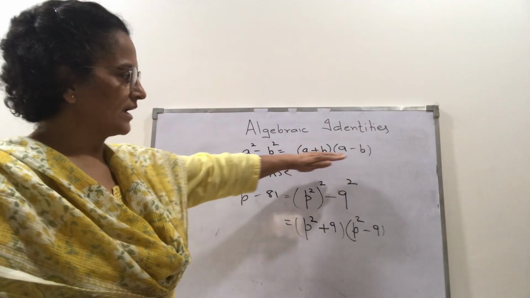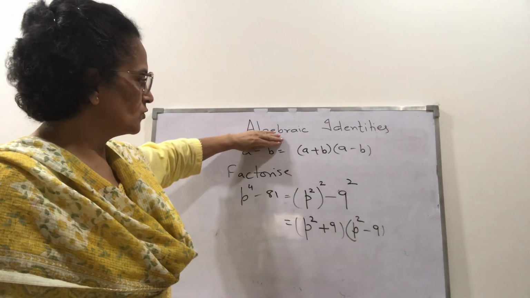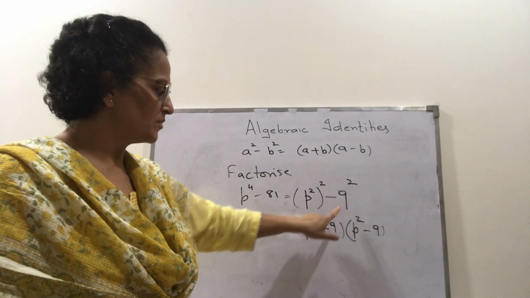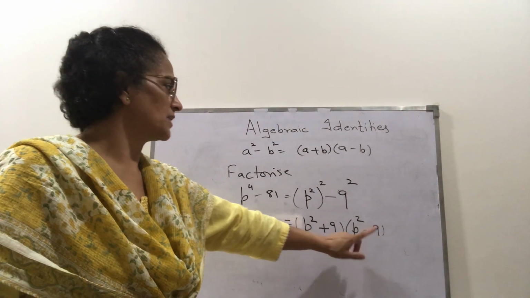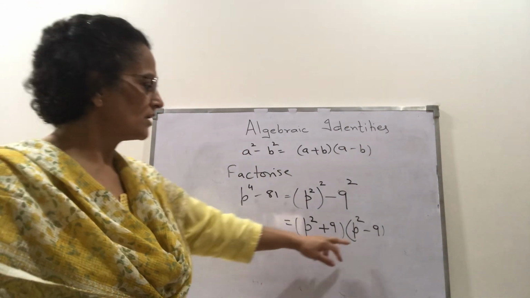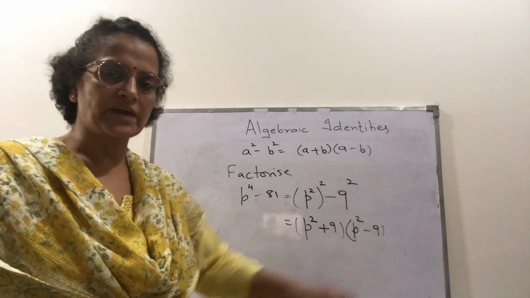So when you are writing this right hand side, you can see a and b. You leave the squares and copy a and b in the bracket. First you add, then you subtract, keeping in mind that b has a minus sign before it here. So in your answer also b will be written after this minus sign.